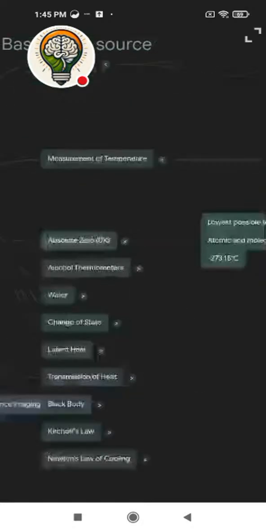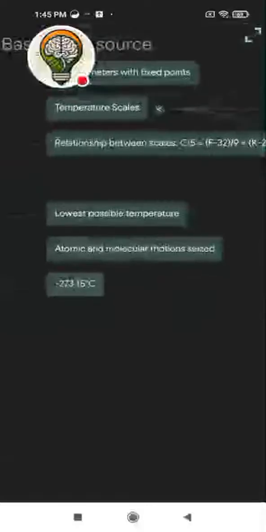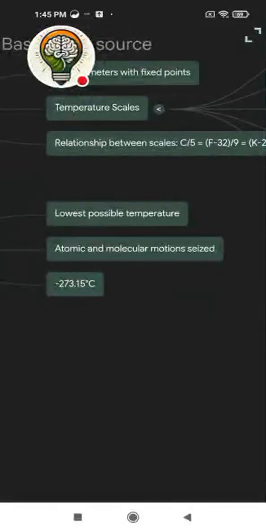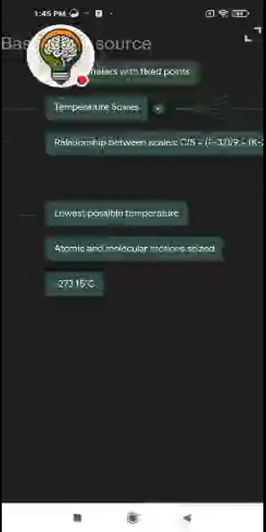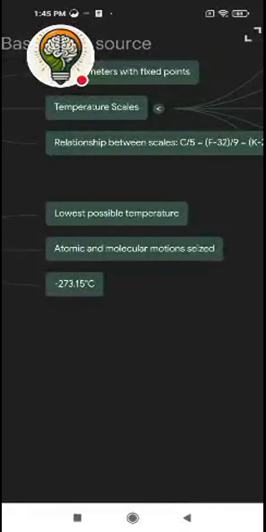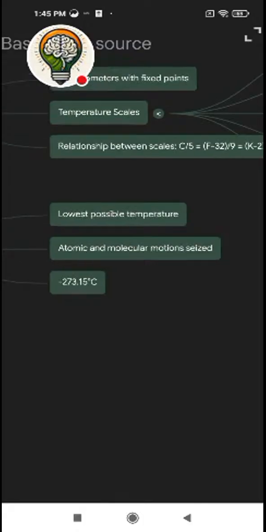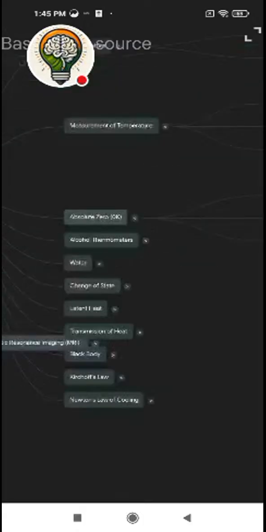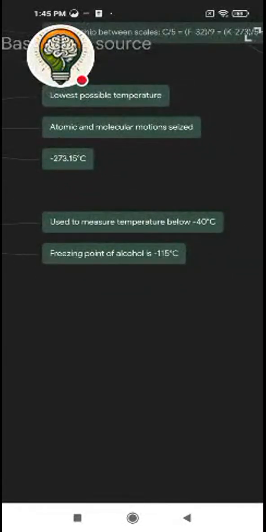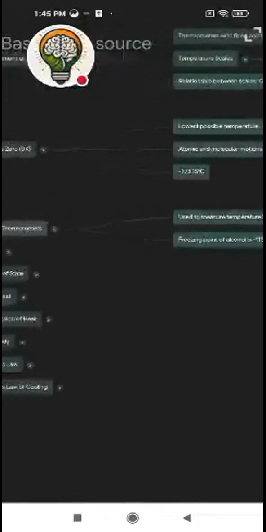Then absolute zero: the lowest possible temperature, at which atomic and molecular motion ceases, and the temperature is minus 273.15 degrees Celsius. Then alcohol thermometer, used to measure temperature below minus 40 degrees Celsius. Freezing point of alcohol is minus 115 degrees Celsius.